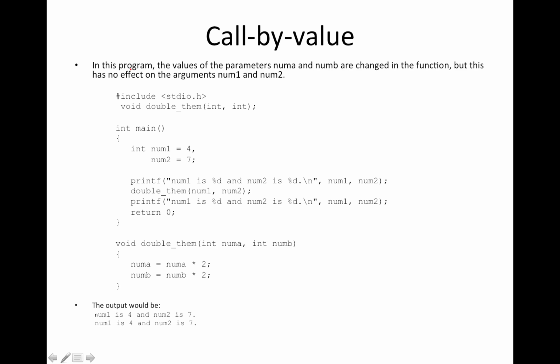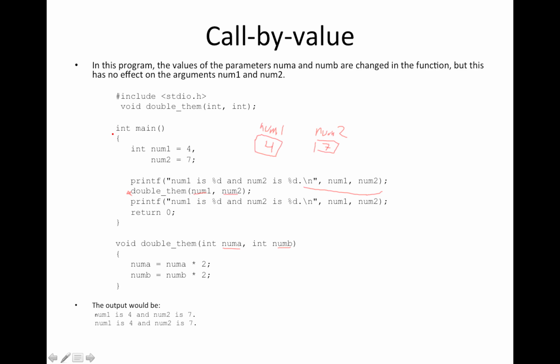That would create two locations in memory for num1 and num2. And then we print those values. The value of num1 is 4 and the value of num2 is 7. Then we call this function doubleThem, and we're passing the values of num1 and num2 to be the values of the corresponding parameters numA and numB.